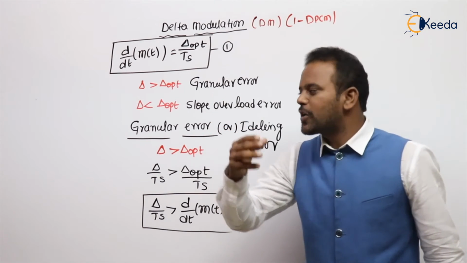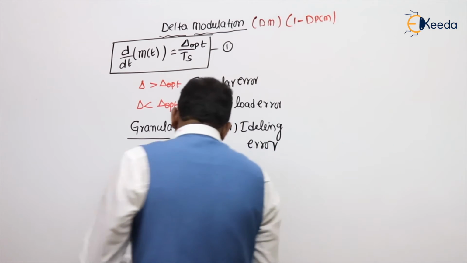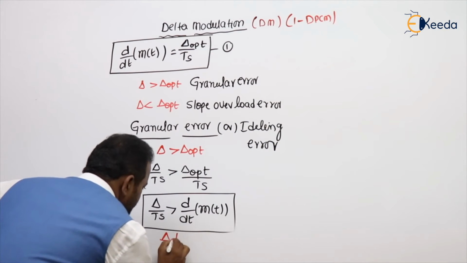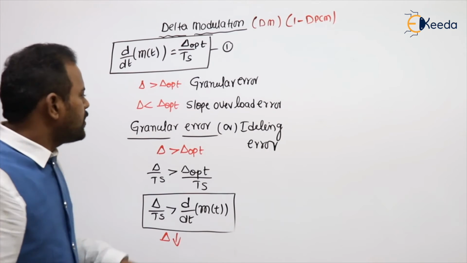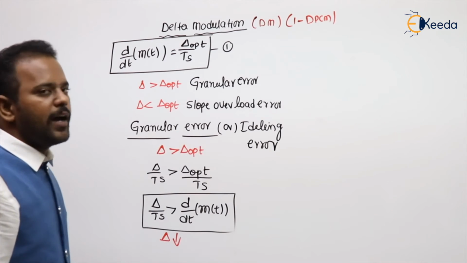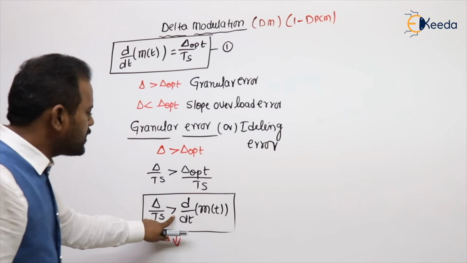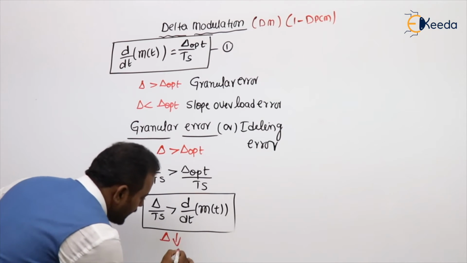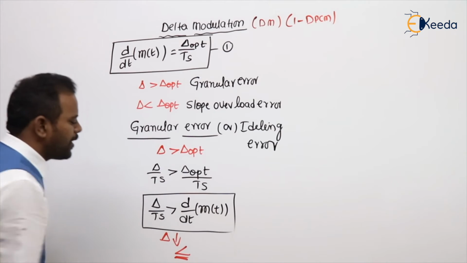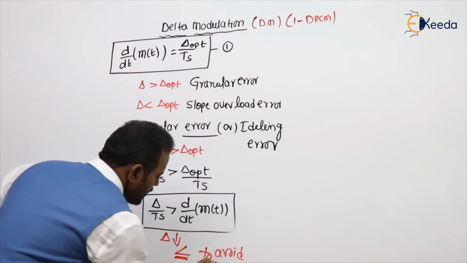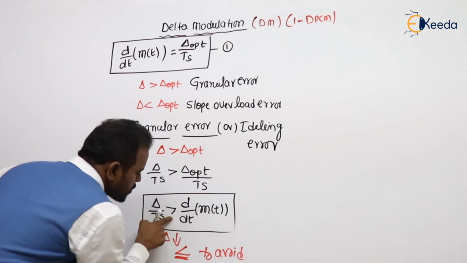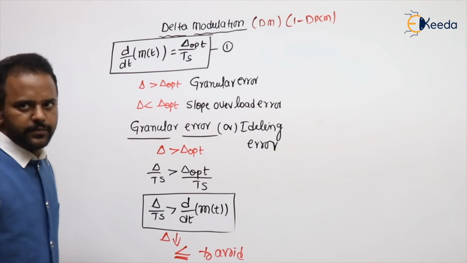If you want to reduce granular error, the delta value should be decreased. What is the condition to avoid granular error? Greater than is to have the error, then less than or equal to will be to avoid. I have written the opposite condition to avoid it.